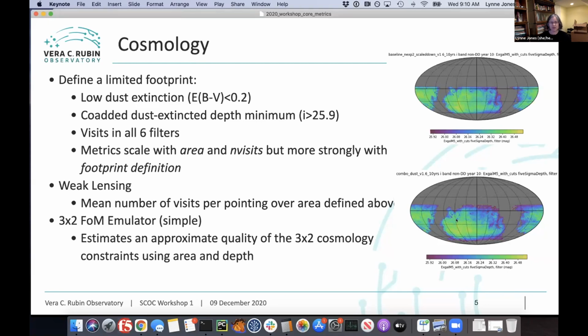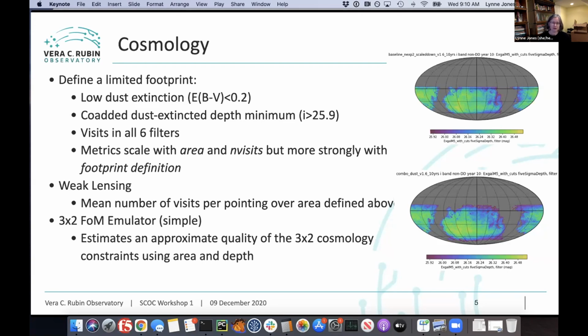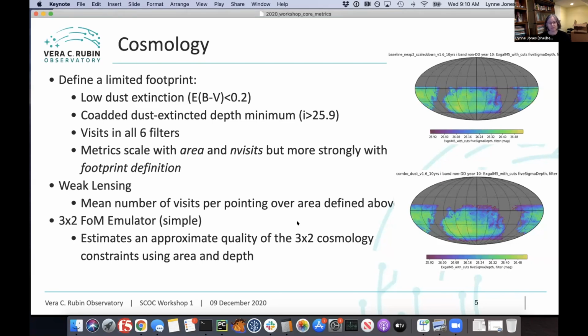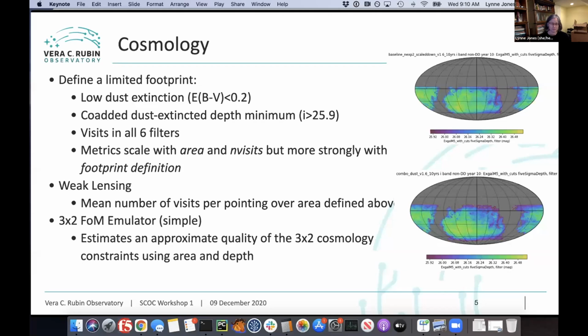If you change the survey strategy footprint so that you go further north and further south, then this particular area that meets their criteria can be larger. And then that improves the metrics. The weak lensing metric is one that we've pulled out, and that's just the mean number of visits per pointing over that area. And then there's a 3x2 figure of merit emulator, a simple version.